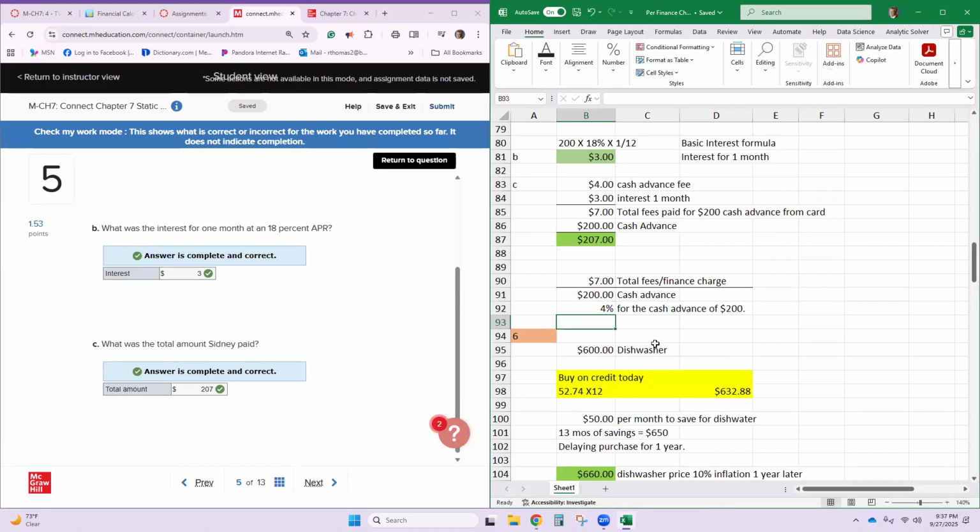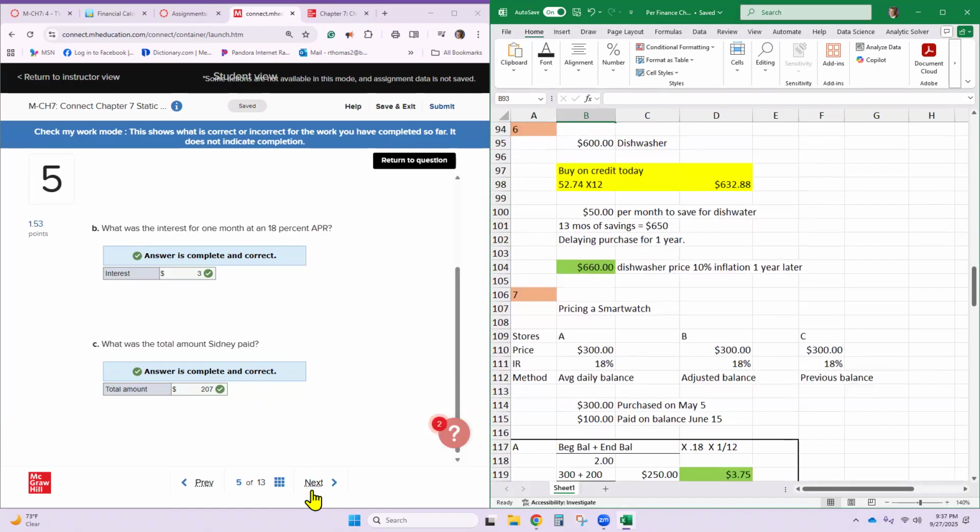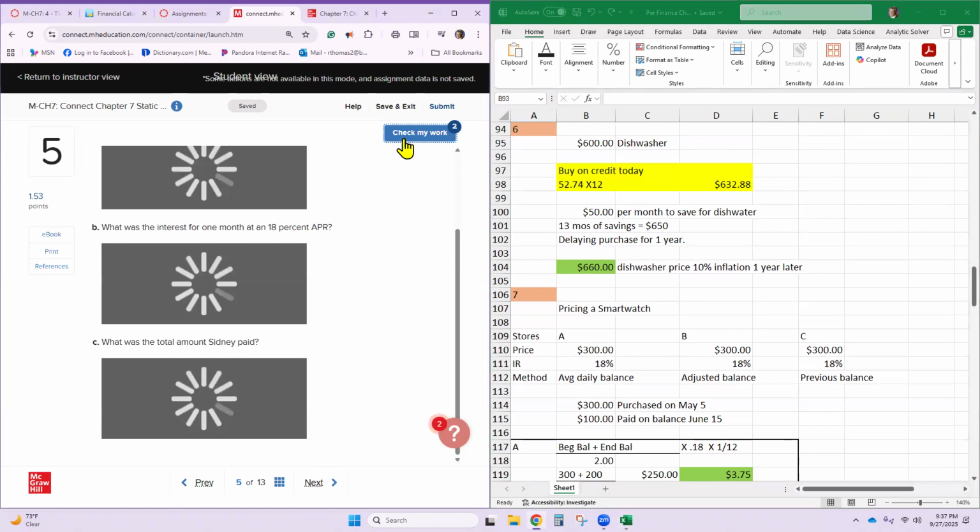We're actually looking at 4% for the cash advance of $200, right? So, and it may very well be worth it. Maybe had to get a tire fixed or something like that. But if you're at a casino and you just want more money to gamble, then you might not want to do that. Okay.